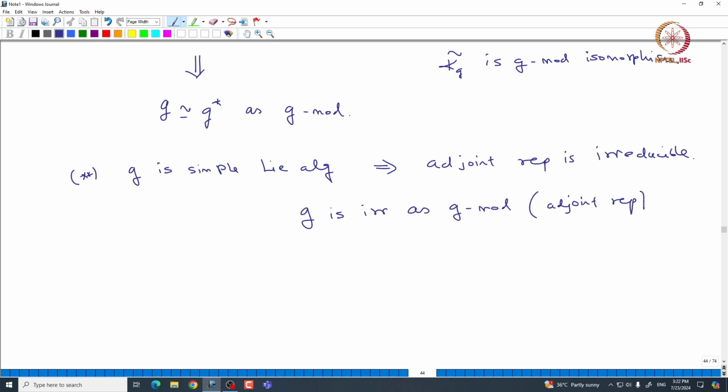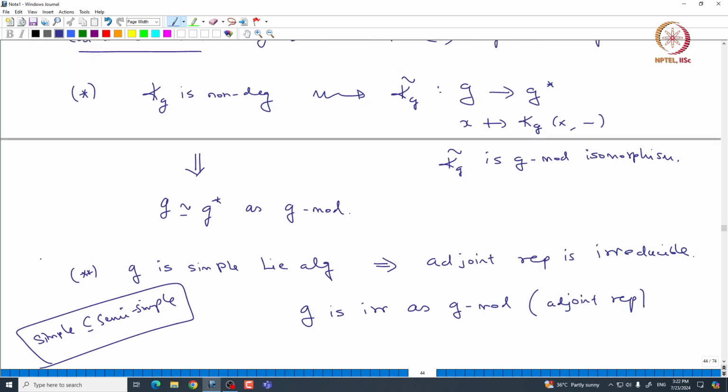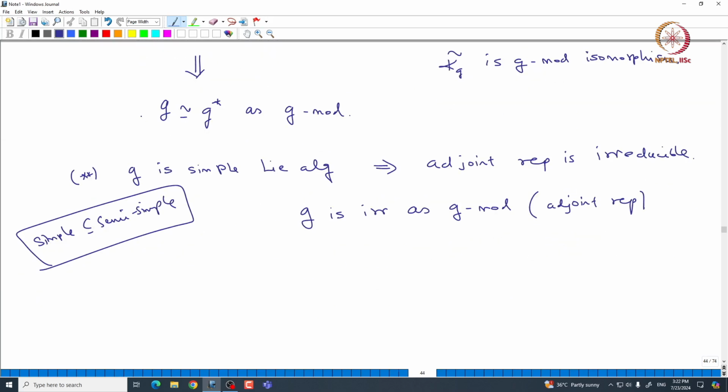Now, simple implies semi-simple; simple is contained in semi-simple. If you put them together, you have this kappa of G which is non-degenerate, so that will imply that G is isomorphic to G dual.